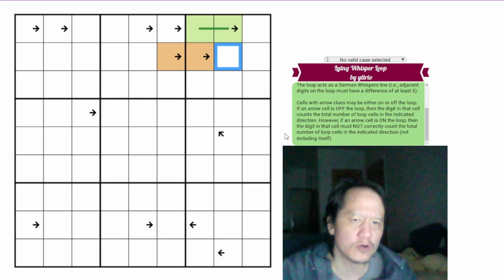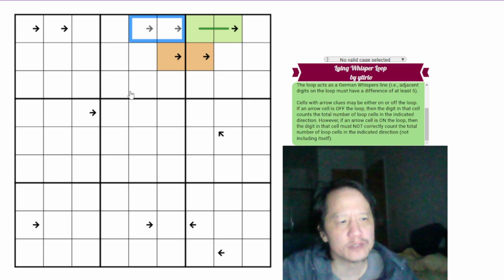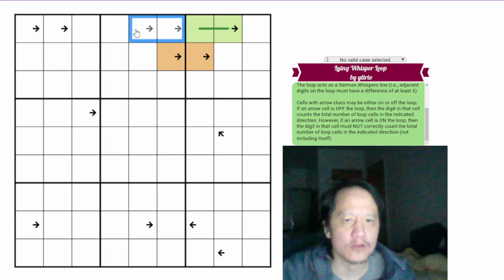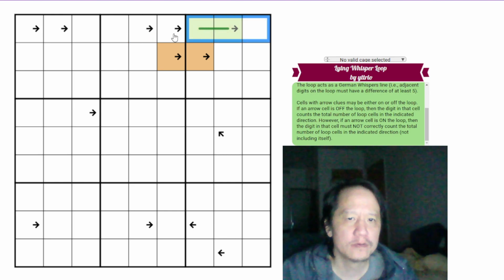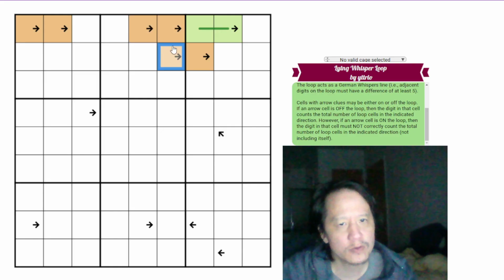It would have to be 1. Similarly, one of these two has to be on the loop, right? If neither of them are on the loop, then they both have the same value. So one of them has to be on the loop. Same here. One of these has to be on the loop.